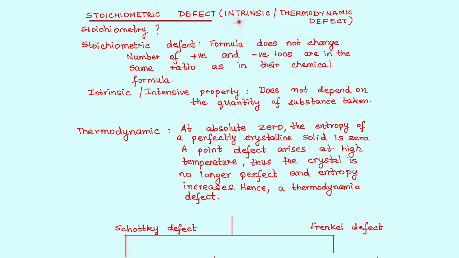Stoichiometric defects are also called intrinsic or thermodynamic defects. Now, before we go on to the details of this, first let us understand what is stoichiometry. We all do it in grade 11. You write the formula of compounds, for example, NaCl, CaCl2, potassium nitrate.